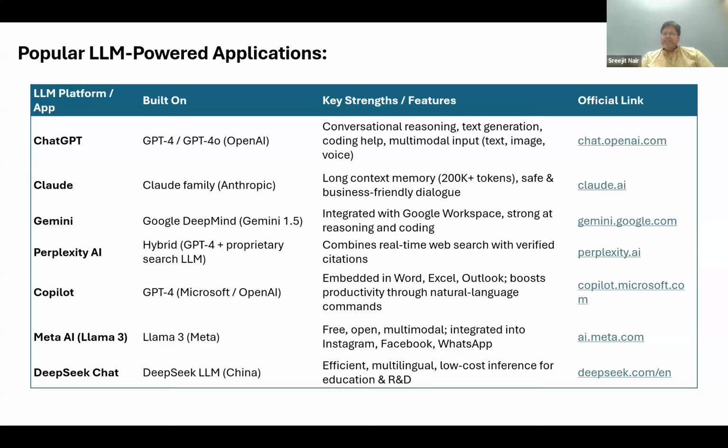And DeepSeek is a large language model from China. It is very efficient, multilingual, and of course low cost. Somebody who is building AI agents or agentic tools, and requires a low-cost large language model to work with, this is one of the initiatives that is being used.